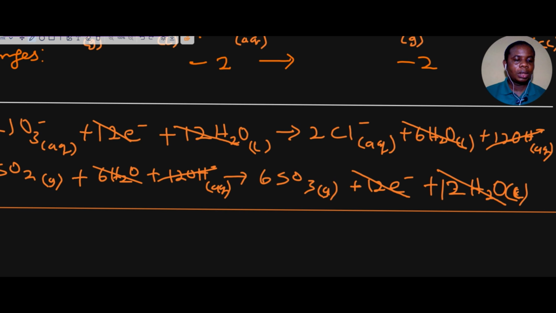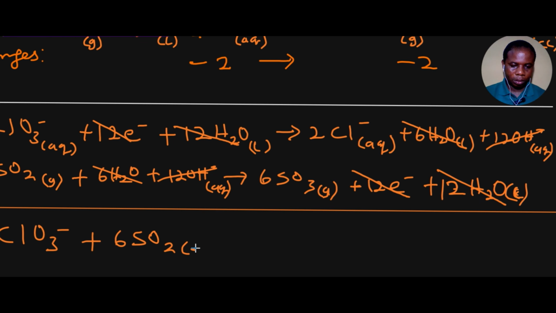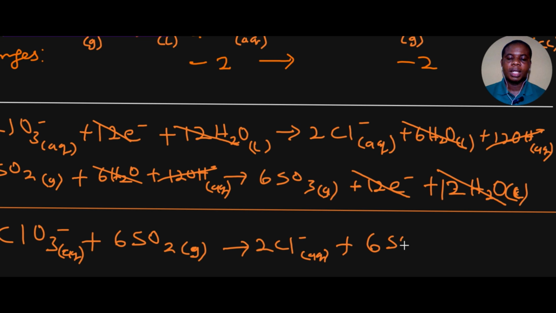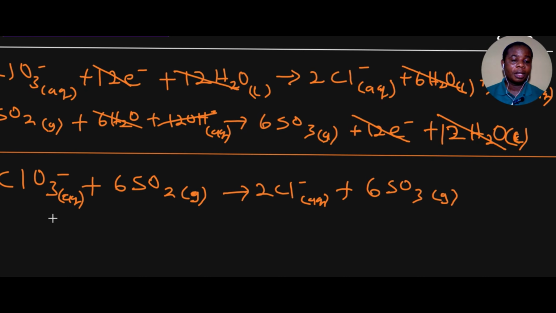That's 2ClO3 minus plus 6 SO2 to give 2Cl negative plus 6 SO3, that's gas. So this is the net equation, but we can still work further because all of them can be divisible by 2.